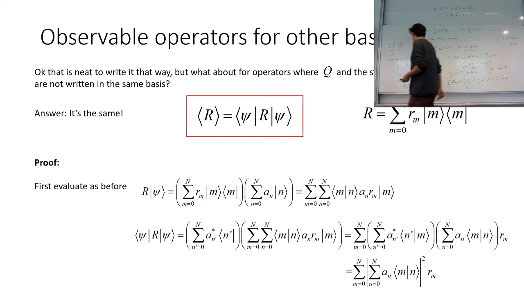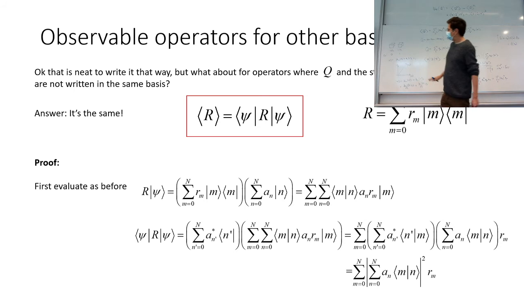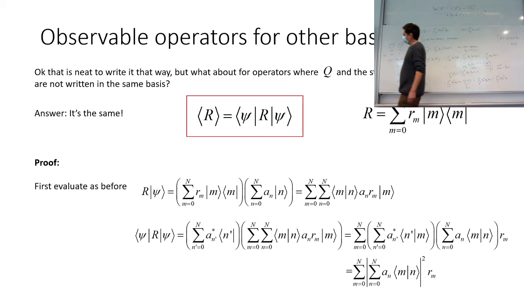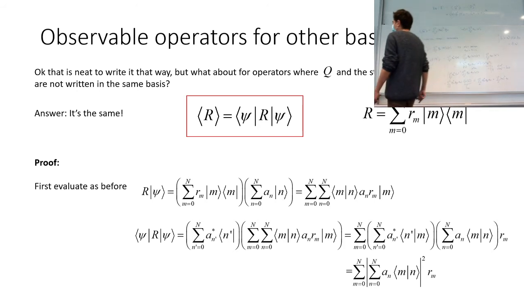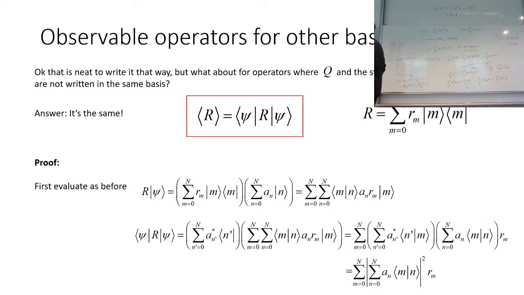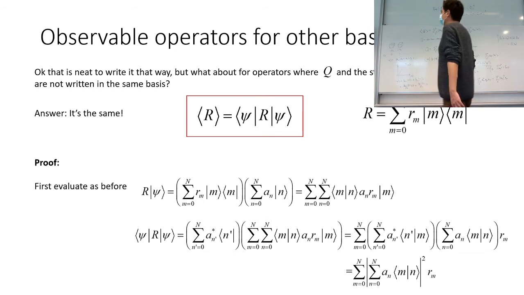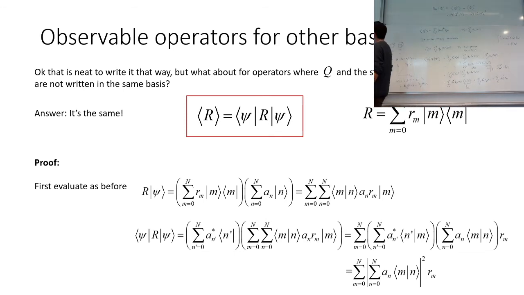So despite the fact that our state might be written in terms of some other coordinate system, if we just introduce it into this formula, it will still give the right value. And this bit of magic happens basically because, well, it's not really magic, it's how it's supposed to work.